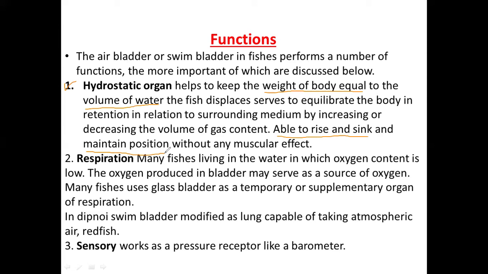So there are no additional muscles needed for them to either rise, sink, or stay in a constant position. This air bladder will be acting as a hydrostatic organ. So based on the surrounding water density, it will be stabilizing its air content to maintain the constant level. Done.